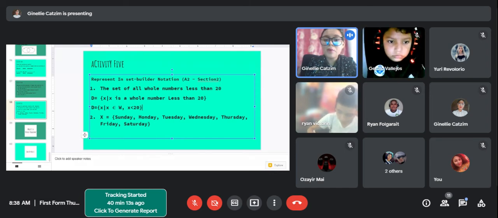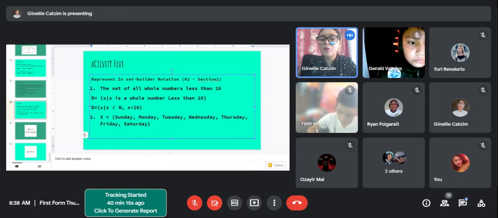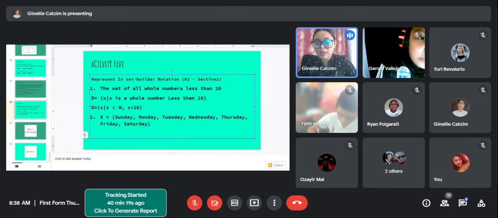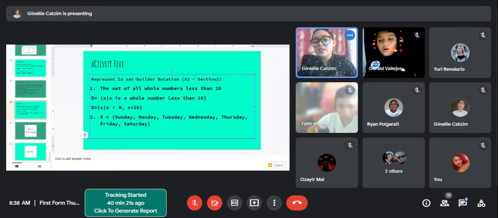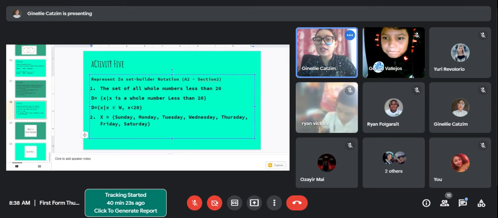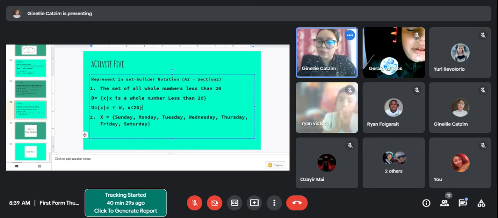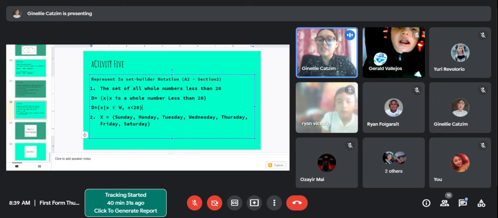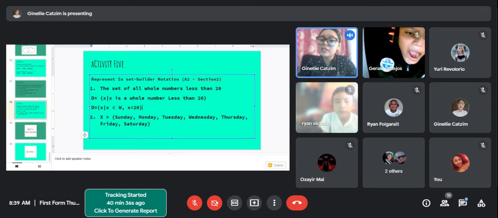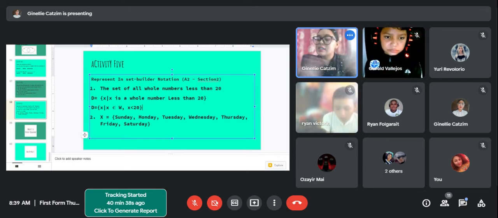So these are both ways to represent what we just said, right? It's saying the same thing. Remember, it has a vertical bar. It could have a text description like we have there: x is a whole number less than 20. Or it could have all symbols, where x is an element of the whole numbers and x is less than 20. It's saying the same thing.